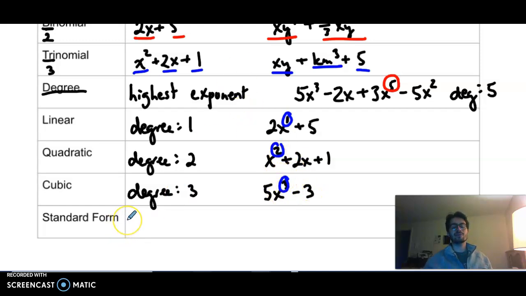And standard form is when I take a polynomial and I write it with the largest term degree first and I go down. For example, let's take something like this.